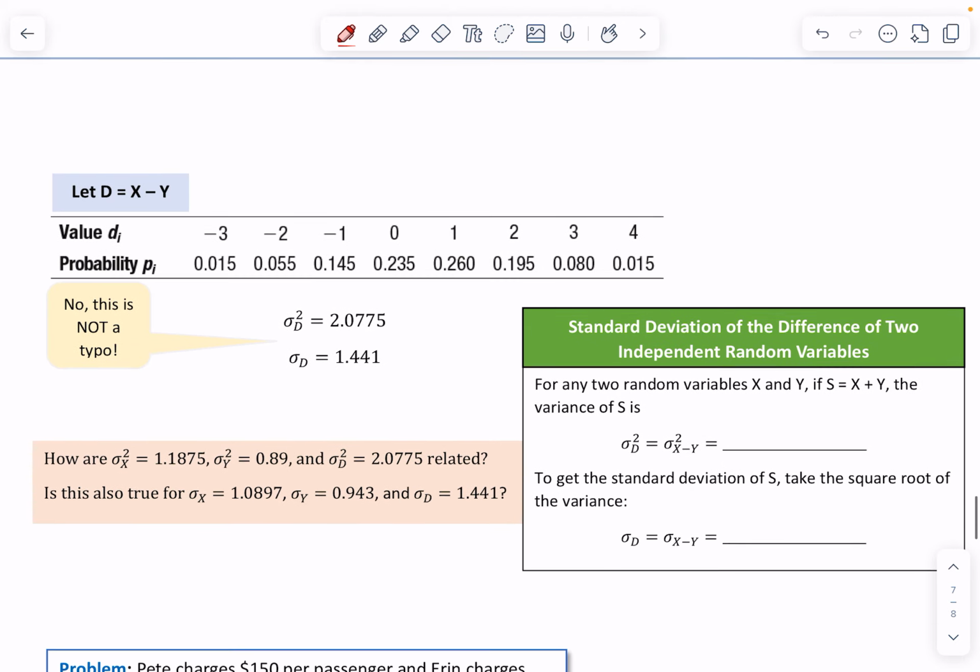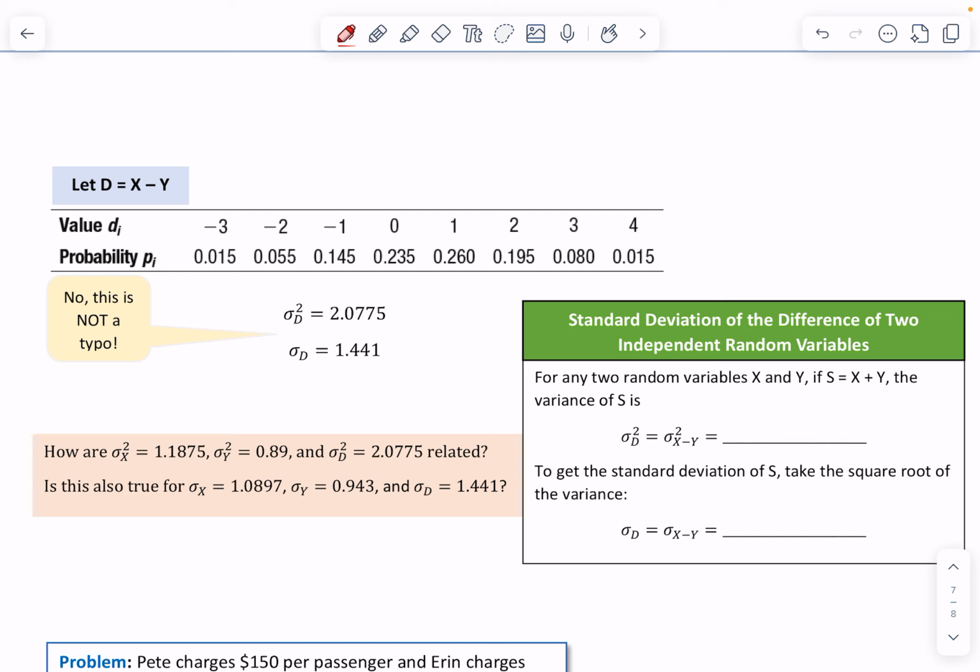An interesting thing is when we subtract two things, like the difference between Pete and his sister, we get the same stuff. So it's not a typo. The reason is that standard deviation can only be positive, so when you're combining them, it still adds.